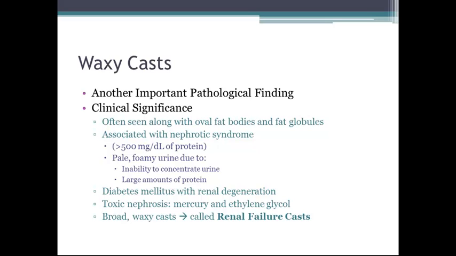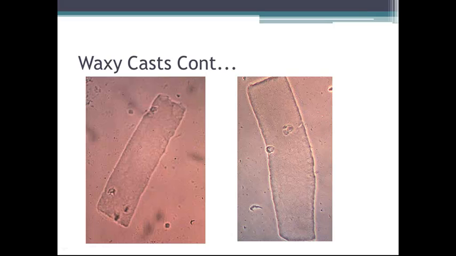Diabetics with renal degeneration often will have waxy casts. Toxic nephrosis, such as mercury or ethylene glycol toxicity. And broad and waxy casts, again, are often called renal failure casts. So here are some pictures of some waxy casts, with very blunt edges, and sometimes you will have a crack or a slit at the ends.